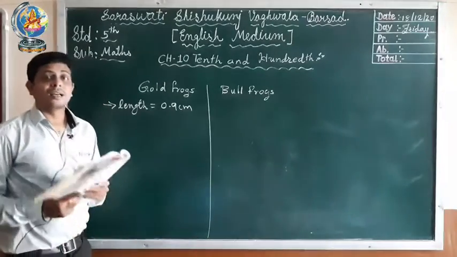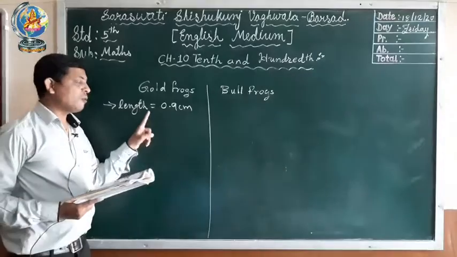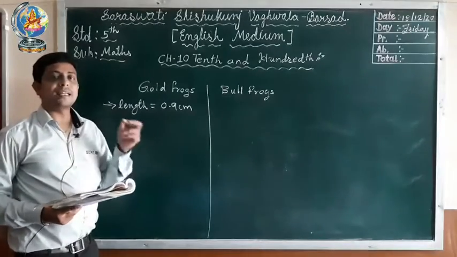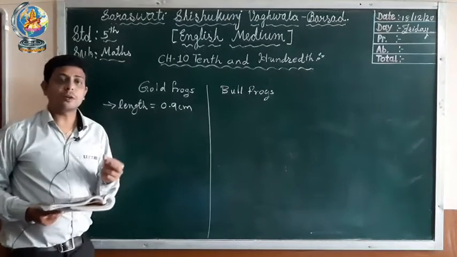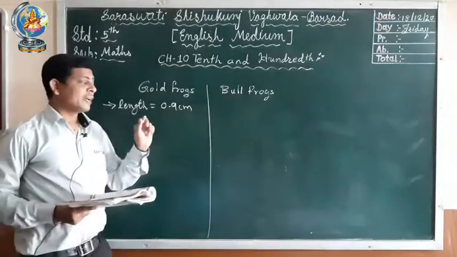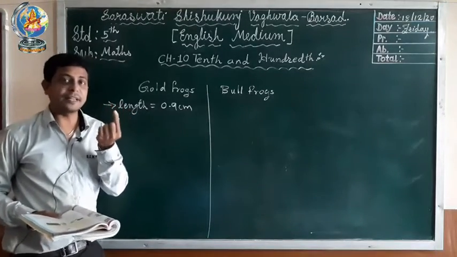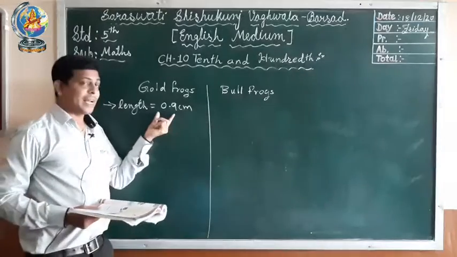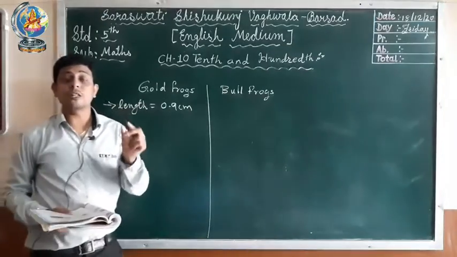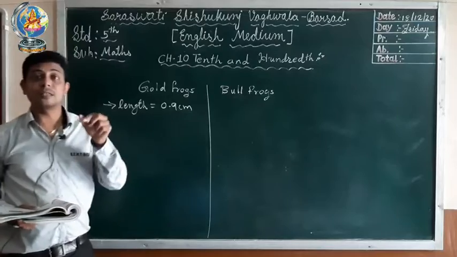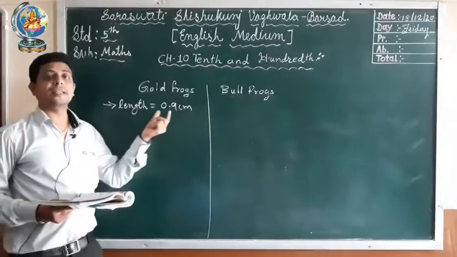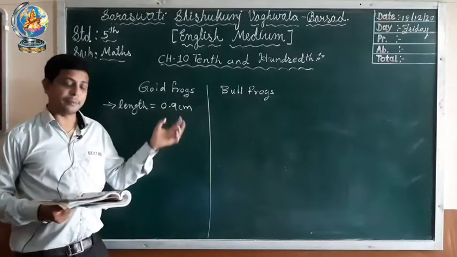That means 9 mm. If you want to measure 9 mm, then it will be your nail size. So a 9 mm frog means this much small a frog is also there on this earth. 0.9 centimeter or 9 mm.